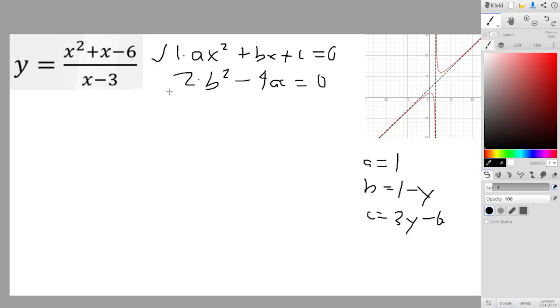Therefore, one way to go about this is using these expressions and writing them in this discriminant form. All right. So for b squared, it's basically this one, 1 minus y, squared.